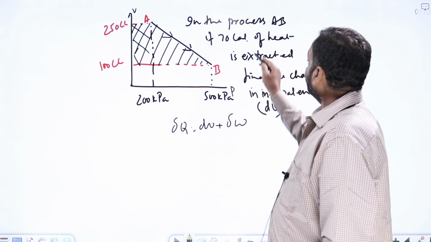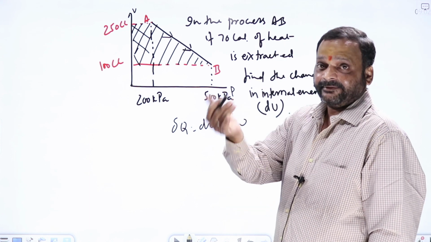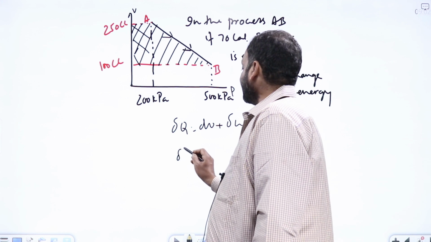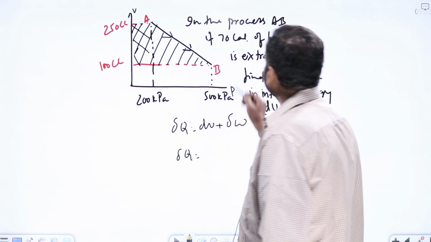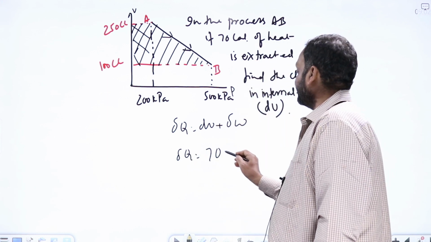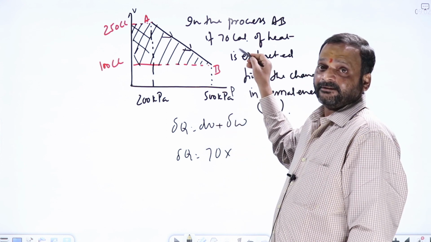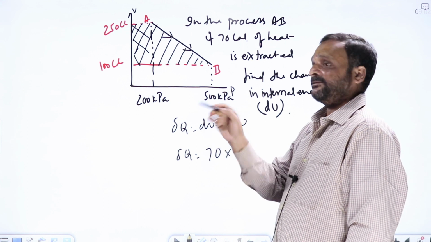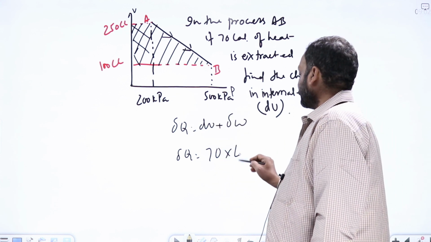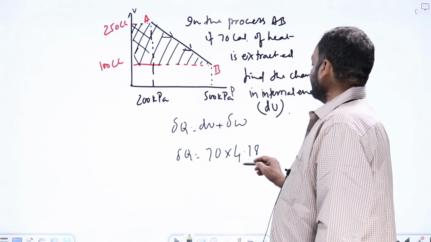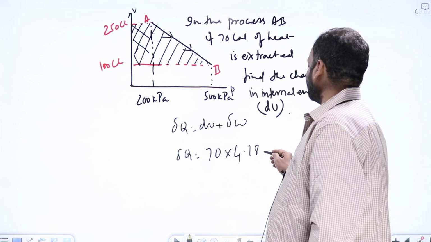Okay, delta Q is nothing but heat extracted. He's saying heat coming out of the system, according to sign convention, is negative. So delta Q is inherently negative. How much heat is extracted? 70 calories. 1 calorie equals 4.18 joules, or approximately 4.2 joules. So this is 70 into 4.18.